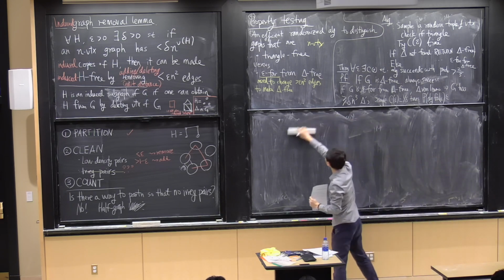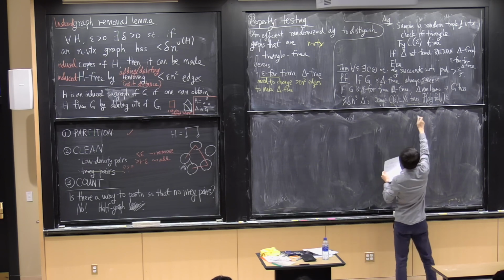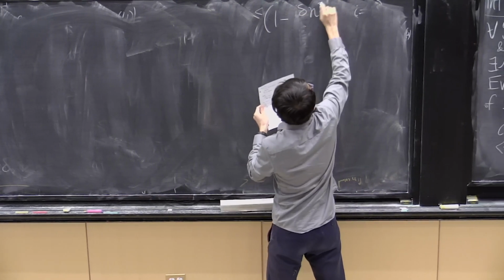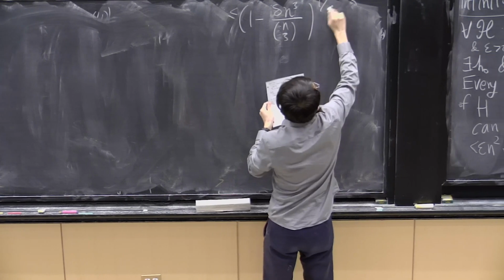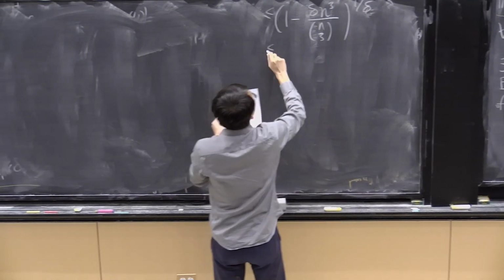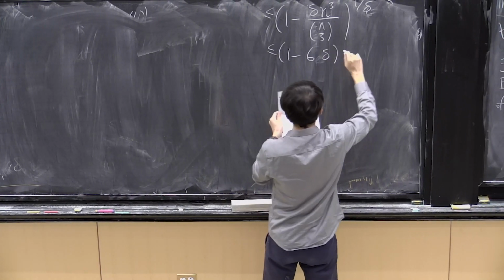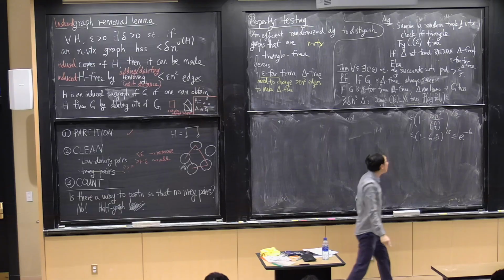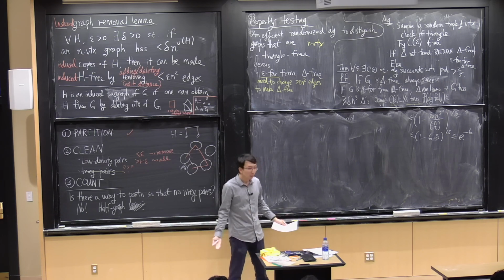so you have lots of triangles. So very likely you will hit one of these triangles. The probability that the algorithm fails is at most 1 minus delta n cubed divided by the total number of triples, raised to 1 over delta. And this is at most 1 minus 6 delta raised to 1 over delta, which is at most e to the minus 6, so less than 1/3 in particular. So this algorithm succeeds with high probability.